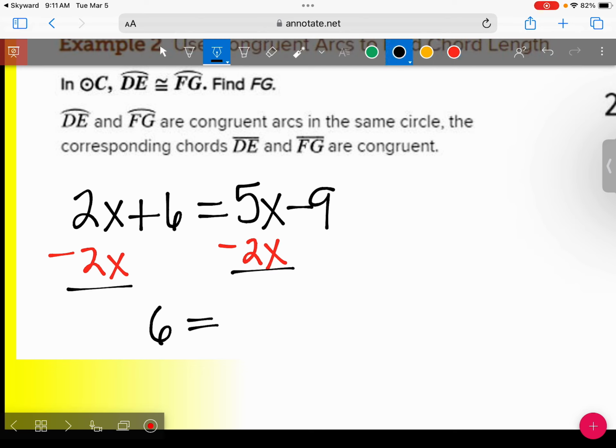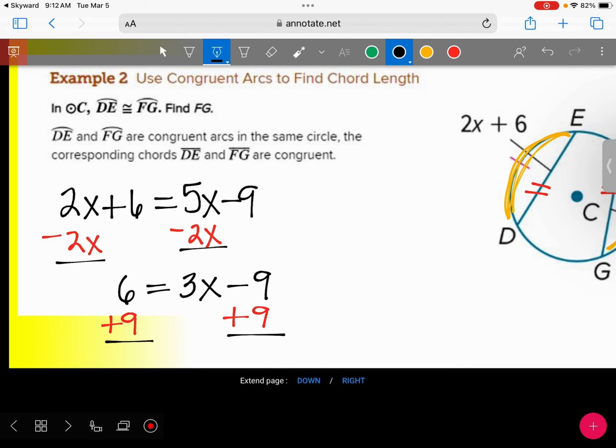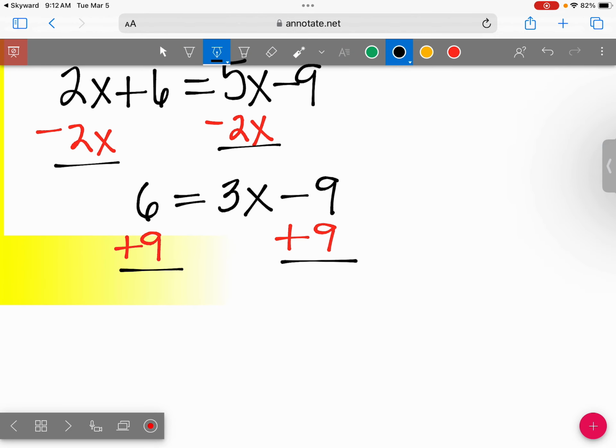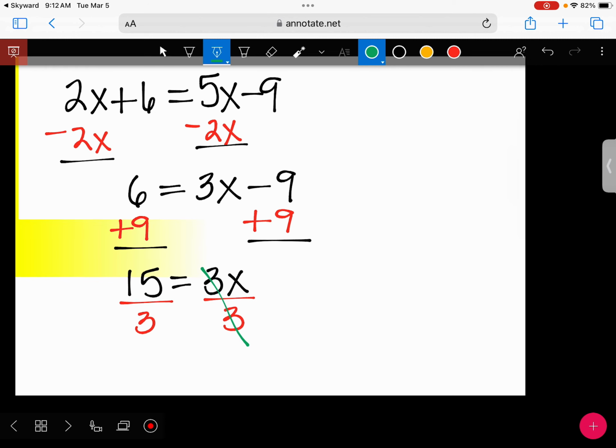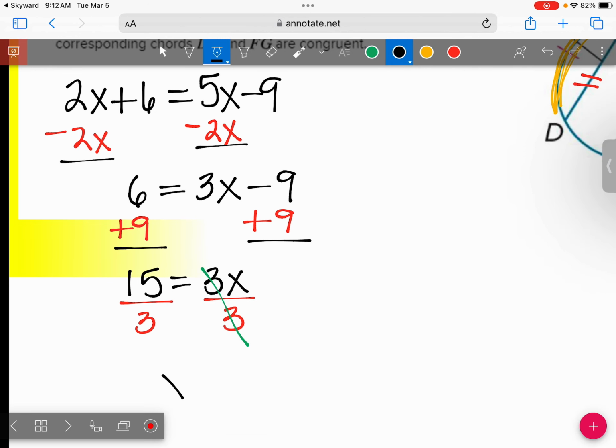And that'll give you 6 equals 5x minus 2x is 3x minus 9. And then you're going to add the 9. So 15 equals 3 times x, and then divide by 3. And you should get that x equals 5.